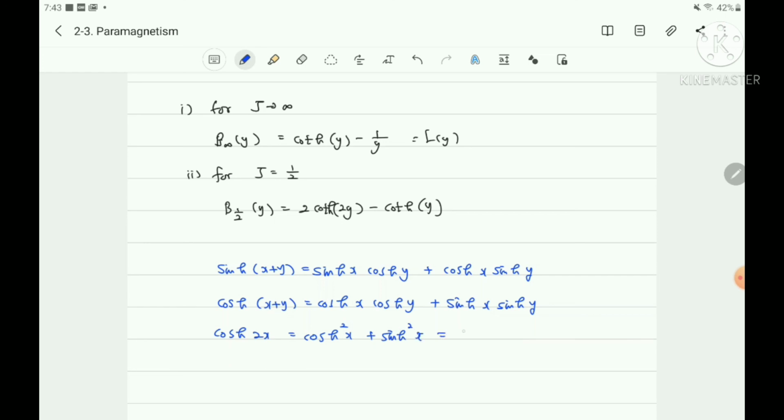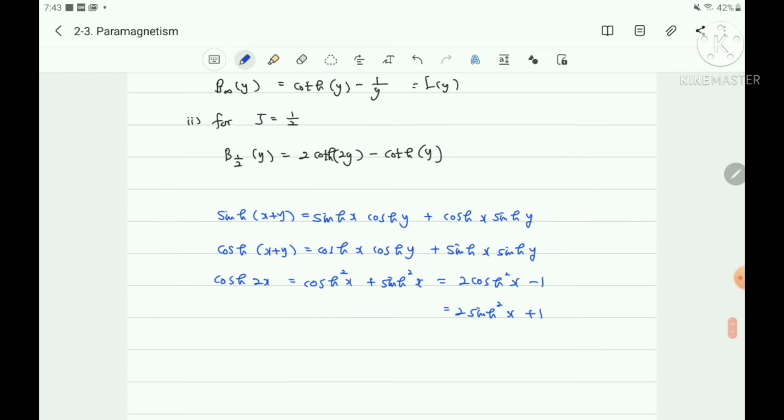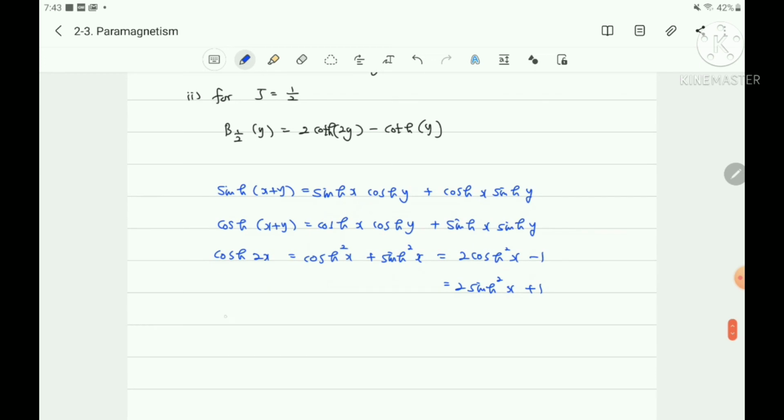It is 2 cosh squared x minus 1, and 2 sinh squared x plus 1. And so sinh 2x is 2 sinh x cosh x.